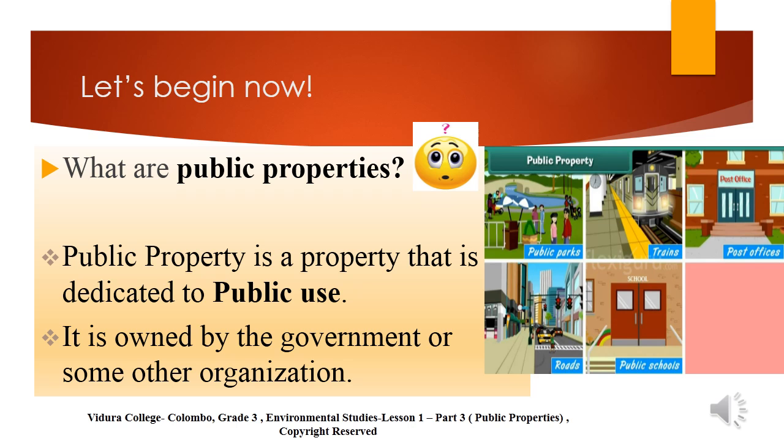You know that you all can go to these places, and you can use the things in these places. So my dear children, public property is a property which is dedicated to public use. We all can use them. So they are owned by the government or some other organization. Did you get it?